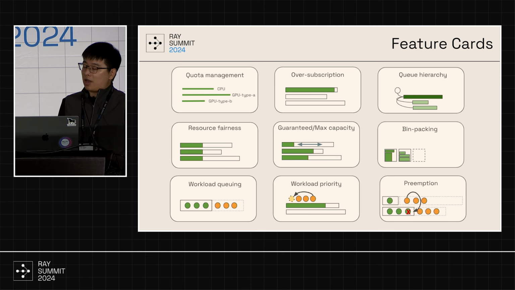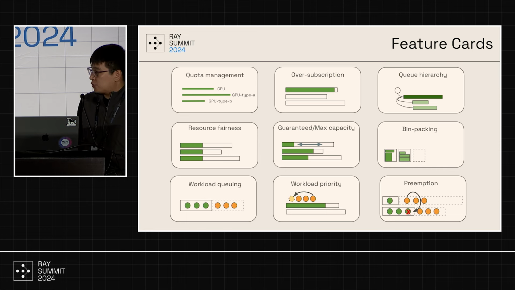So we can have a lot of queues sharing the underlying GPU cluster to drive the cluster utilization really high. And queue hierarchy makes a lot of sense if you have a pretty complex organization structure. We can map it to the organization structure to make sure that we have proper management on different layers of the organization, from a large business, line of business, to small teams or individuals.